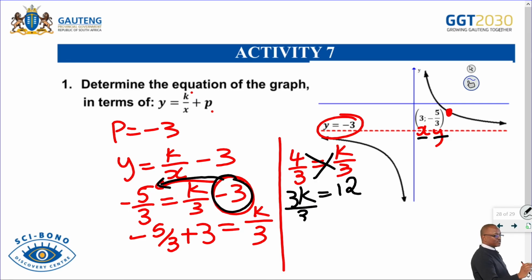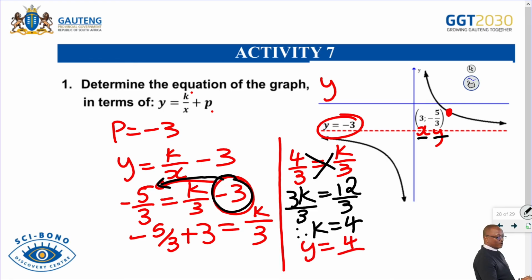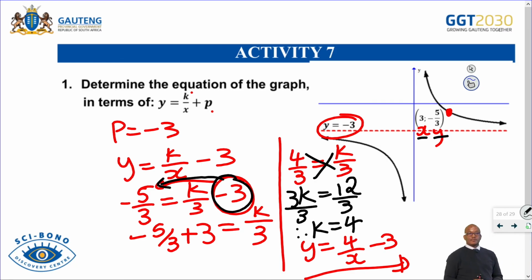Then we divide both sides by 3. Therefore, k is going to be 4. Correct. So now we're going to substitute our k there. The equation is going to be what? y is equal to 4 all over x minus 3. So that's how you're going to get the equation there.